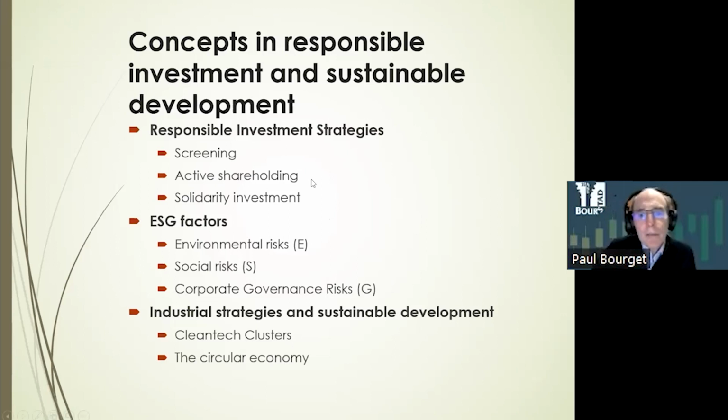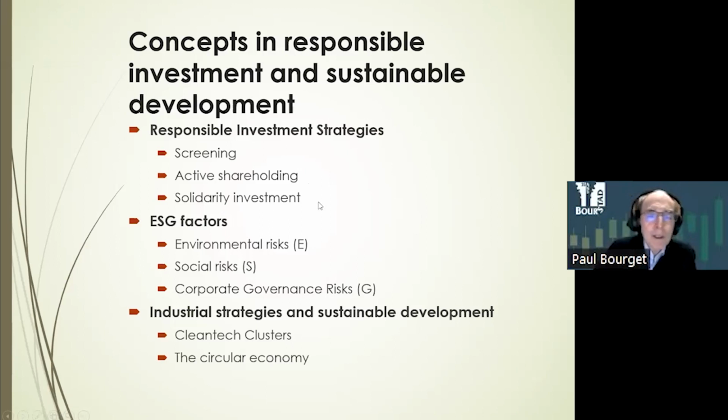Active shareholding means that you will, in fact, invest into firms, but you will try to bring this firm to amend itself by participating in the assembly of shareholders and bringing some proposals to the assembly so the firm could change its behavior.